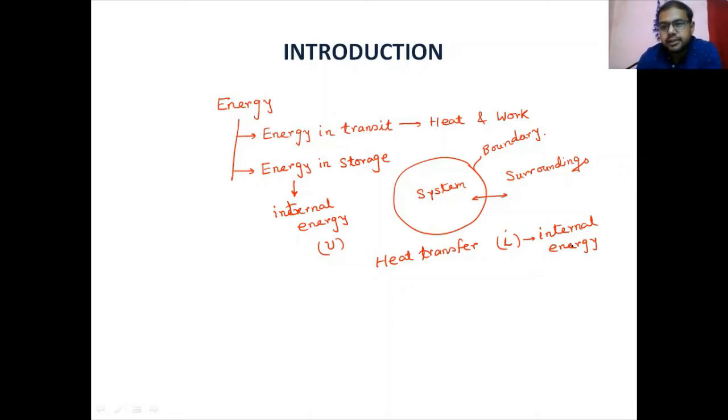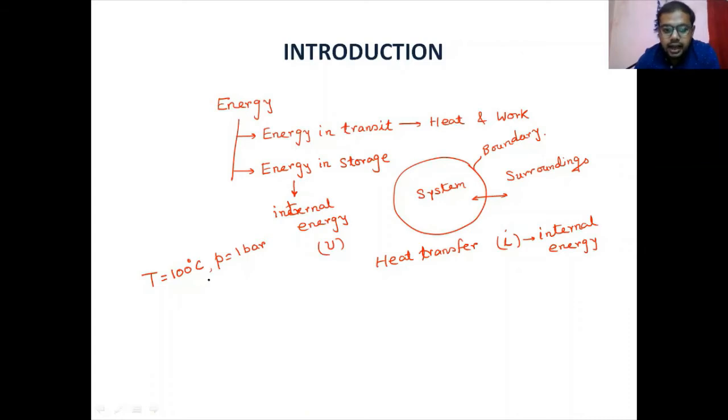So in thermodynamics, what we have seen is that a system undergoes a process from one equilibrium state to another equilibrium state. Let's say a system initially has some temperature and pressure: 100 degrees centigrade and 1 atmospheric pressure. That is one equilibrium state.